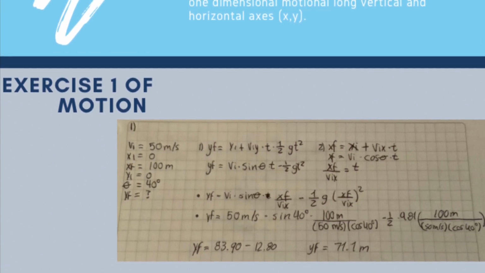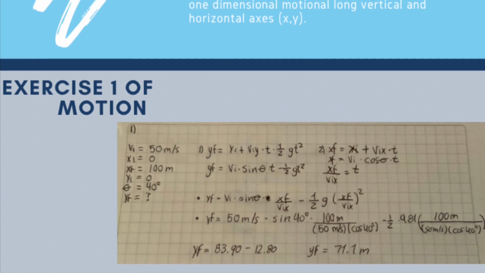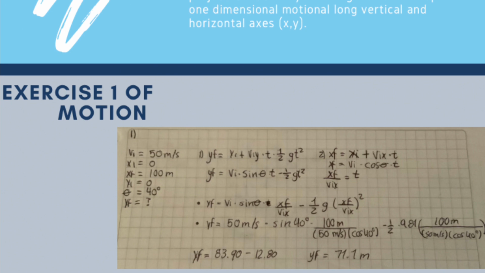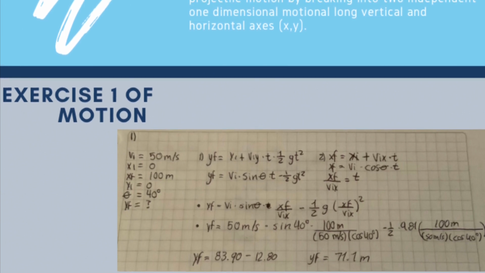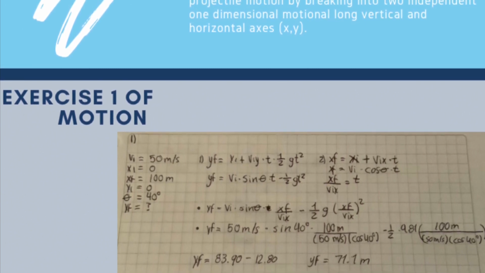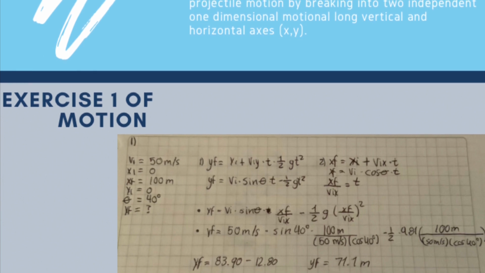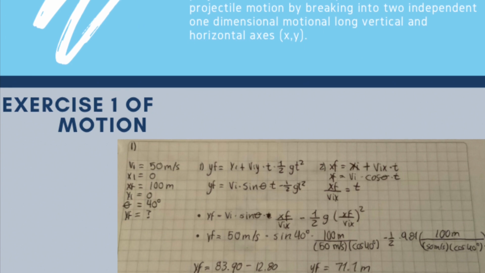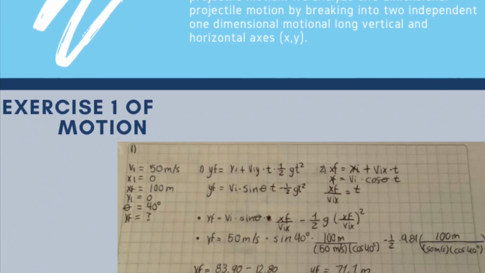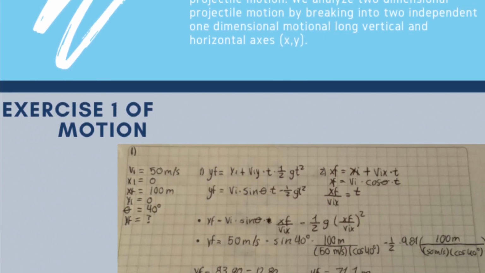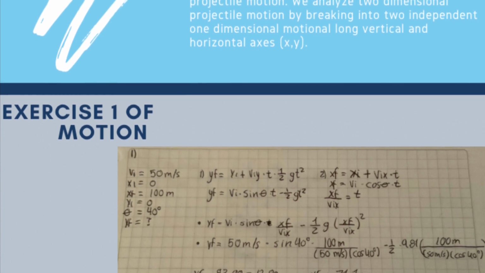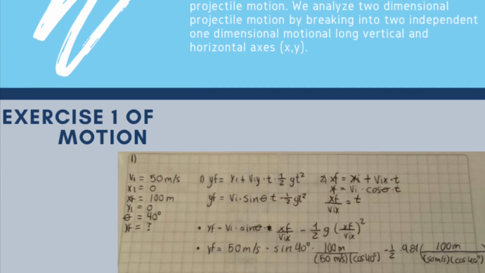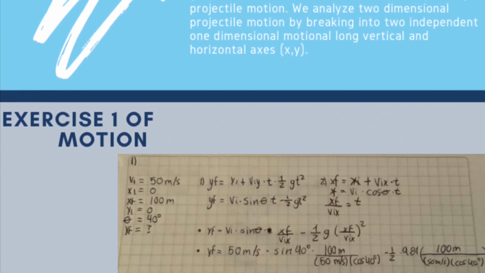For solving exercise 1 of motion, we need to do the following things. First of all, we need to find the information we got. So Vi is equal to 50 meters per second, Xi is equal to 0, Xf is equal to 100 meters, Yi will be equal to 0, the angle will be 40 degrees, and we need to find Yf. So first, Yf is equal to Yi plus Viy times time minus 1/2 g t to the power of 2.